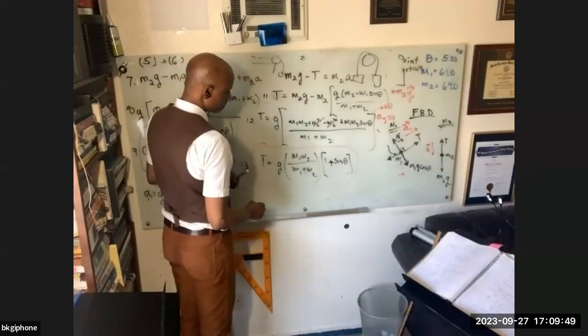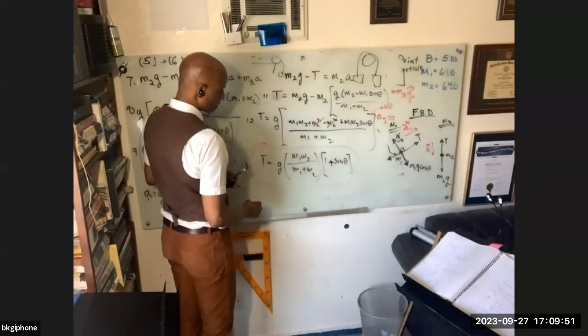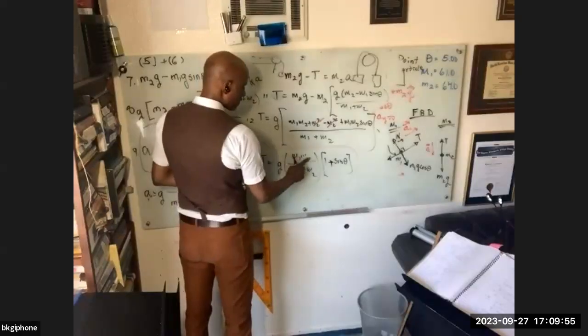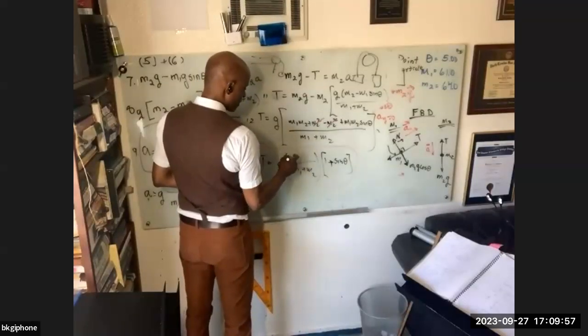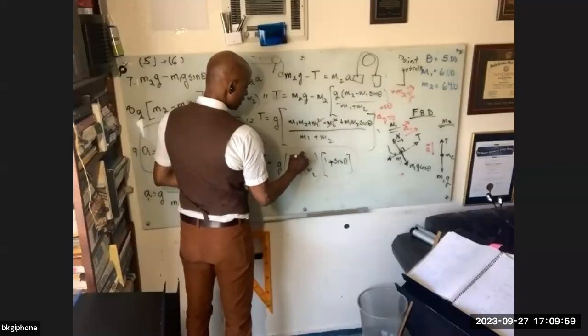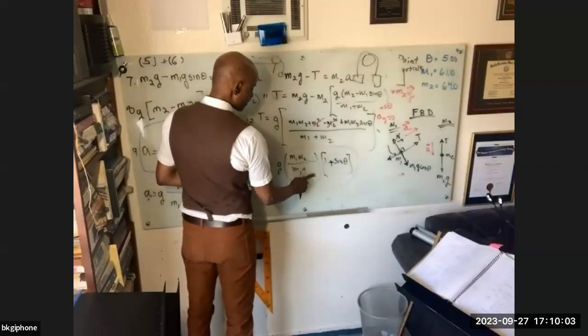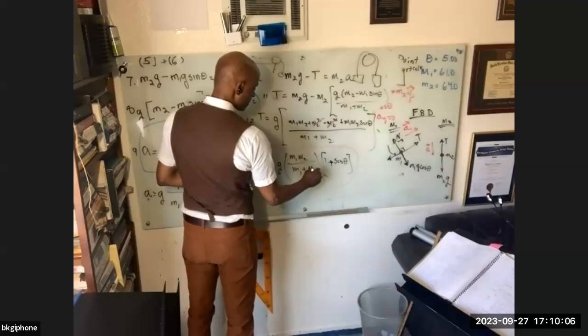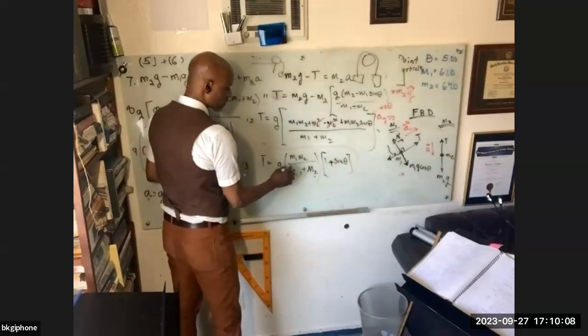So which equation? 13. All these things are M's. Sorry, I know it might look kind of like a W. So M1 times M2, and then M1 plus M2. Those aren't W's, those are M's. Is that what you're asking about?